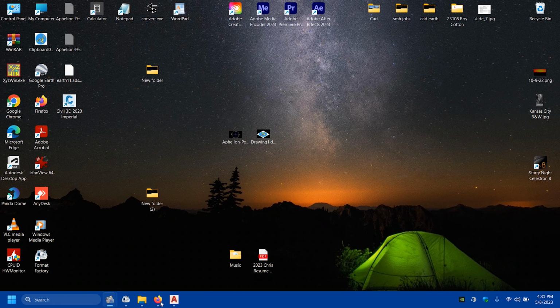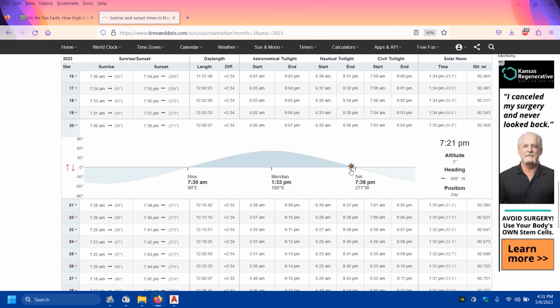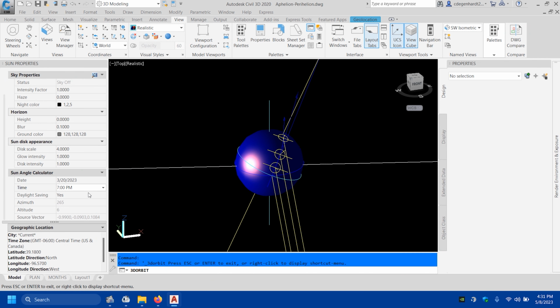We'll go 730. Altitude 0. 7. We'll go 7. 6 degrees. So 6 degrees. 7:02, 6 degrees, 265. 265, pretty good.